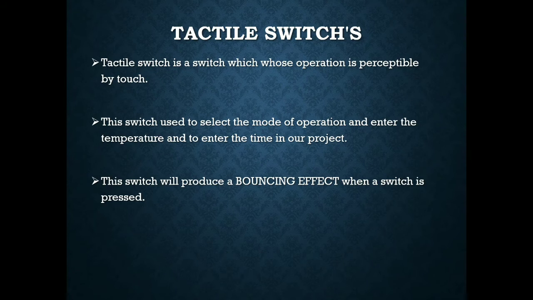This switch produces a bouncing effect when the switch is pressed. Now what is the bouncing effect? A tactile switch has a metal plate and terminal. When we press this tactile switch, it generates small pulses first, and then we get a constant signal. This is known as the bouncing effect. Bounce time usually varies from 20 to 50 milliseconds.